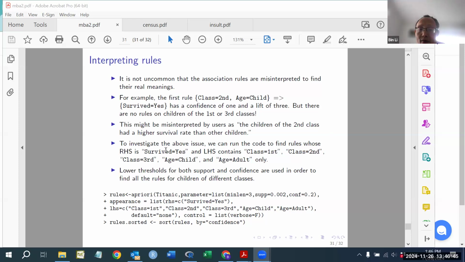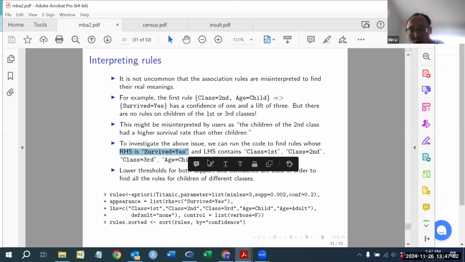So to investigate this issue, we can rerun the code by modifying the right-hand side to be survived is yes. Now we only consider the survived. So survived is yes, that's the consequent.